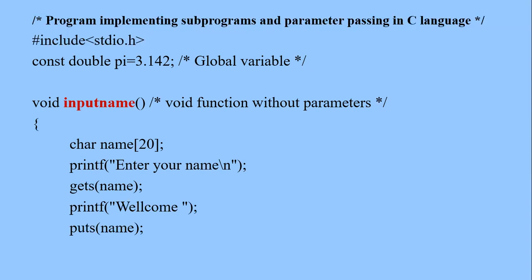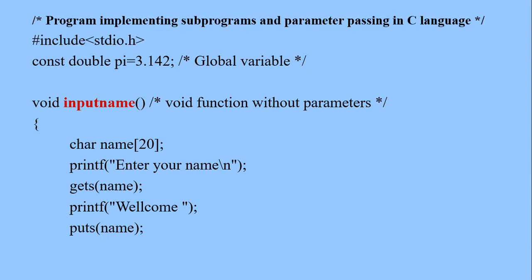It picks what is in the memory location called name and displays it on the screen. So the user will see a statement like, for example, when requested to enter the name, the user entered Julius, then this function will display on the screen, welcome, Julius.